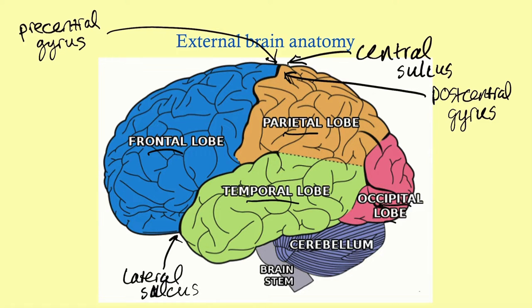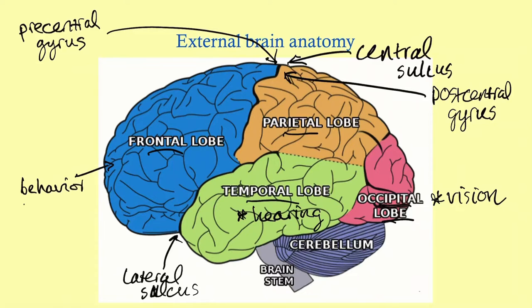All right, now the occipital lobe, I just will point out, is very important for vision. The temporal lobe is very important for hearing. And the frontal lobe, particularly towards the very front, is responsible for behavior and impulse control.